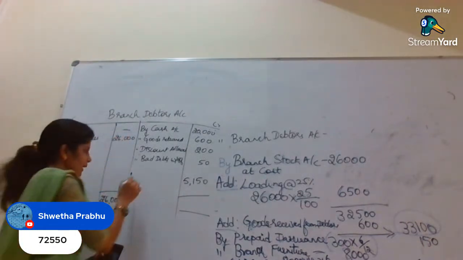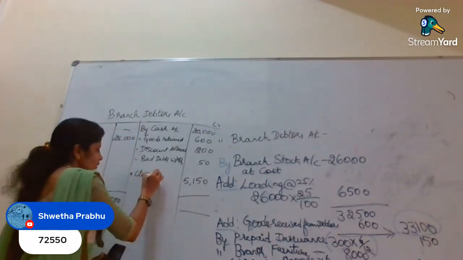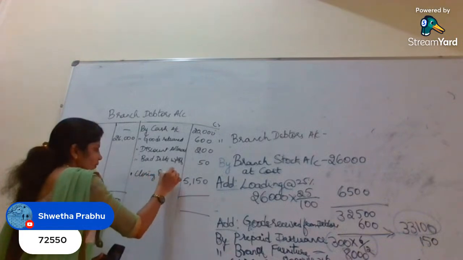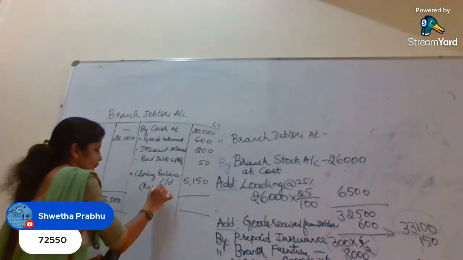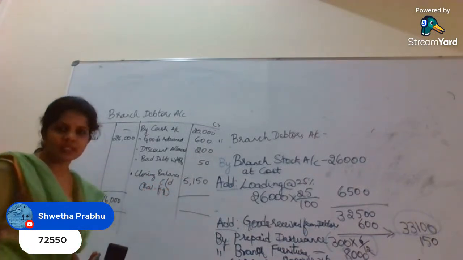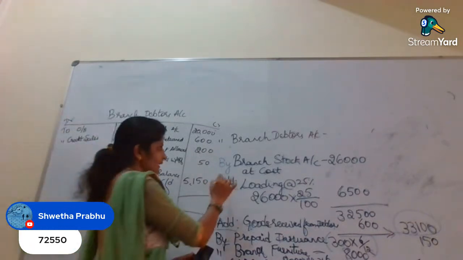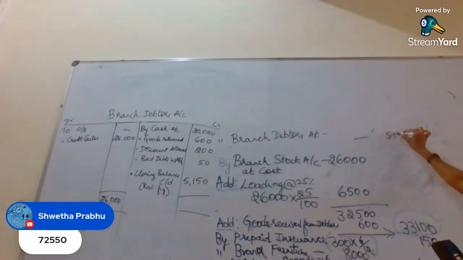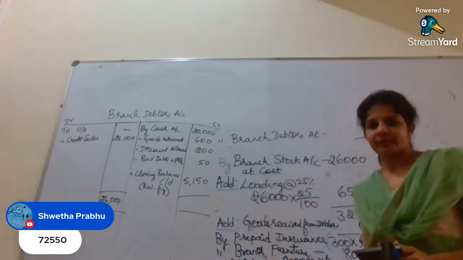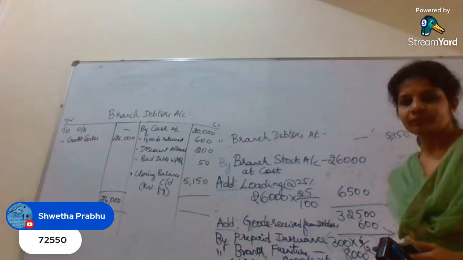There is no opening balance. So this is a closing balance carried down. Balancing figure 5,150. Got it? And like this amount of 5,150 will be taken into the branch closing amount. Understood everyone?